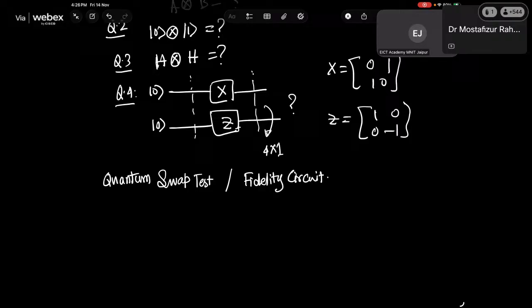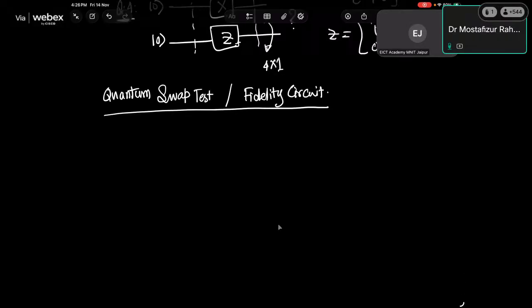It is extremely useful, using just the basic concepts we learned now. Those who talk about quantum machine learning will know this is a very frequently used circuit in quantum machine learning, and in quantum chemistry and many other places. So what is the motivation for this circuit?